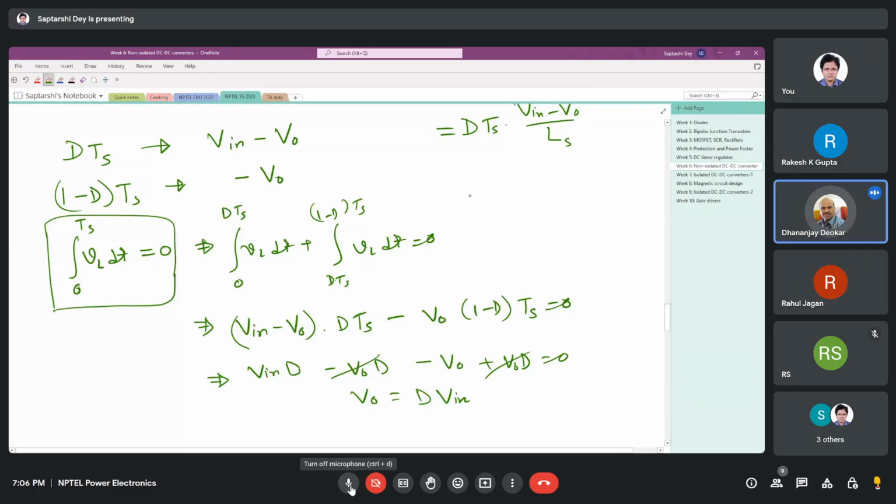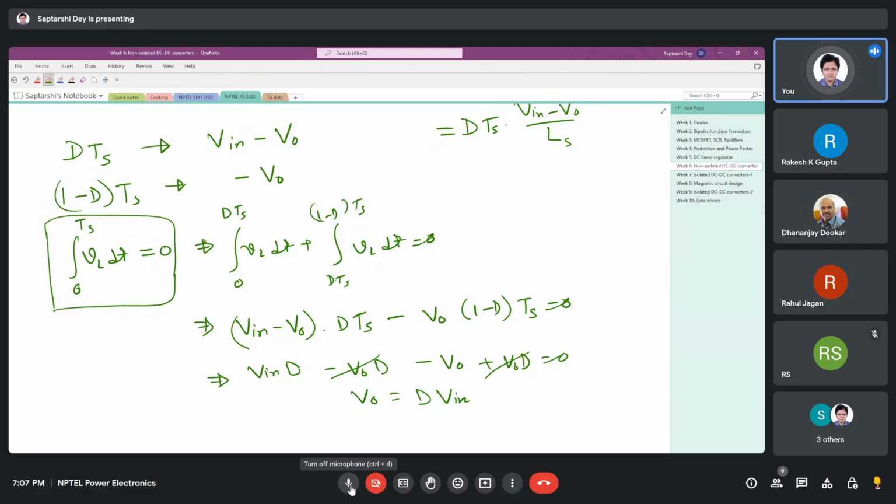But this is for the continuous conduction mode. If it is not continuous conduction mode, the average voltage across an inductor at steady state is still 0, it doesn't matter which mode it is operating in. But this expression V0 is equal to D into Vin will change if it is DCM.